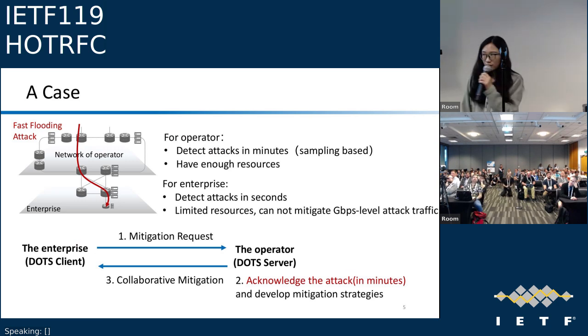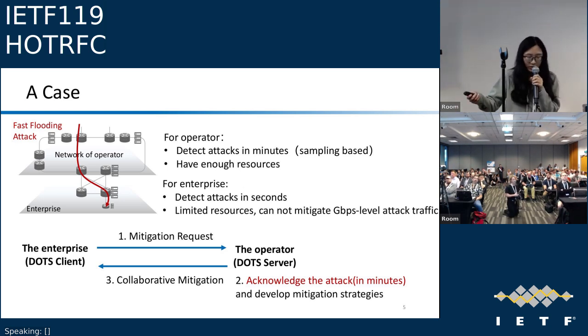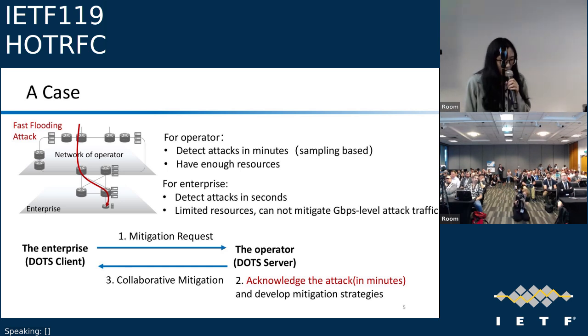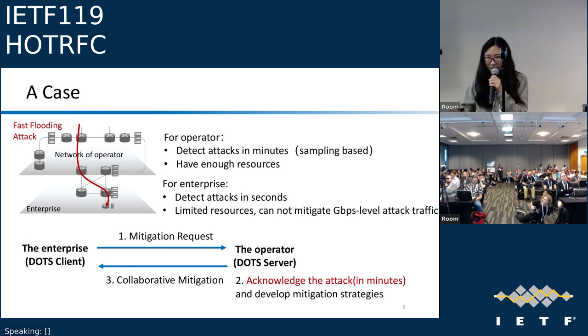So there is a case where a fast flooding attack is happening from the network, from the operator to the enterprise. For the operator, because of the sampling-based DDoS detection, it can't find the attack in time. But for the enterprise, although it can detect attacks in seconds, because of the limited resources, it can't mitigate the attack.